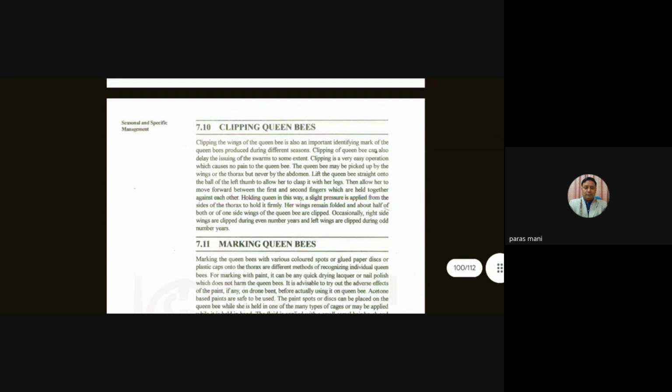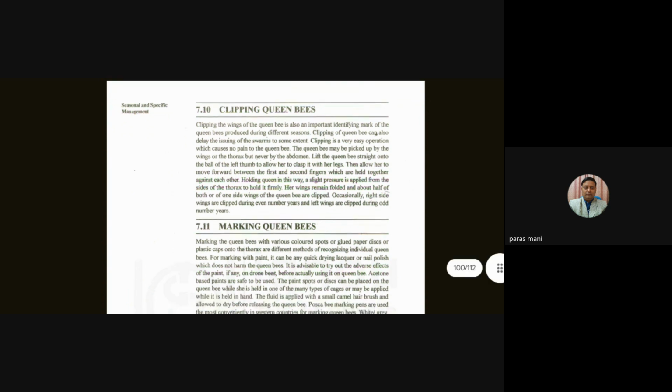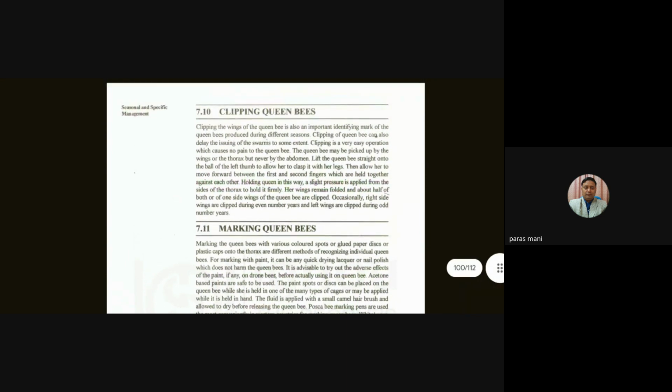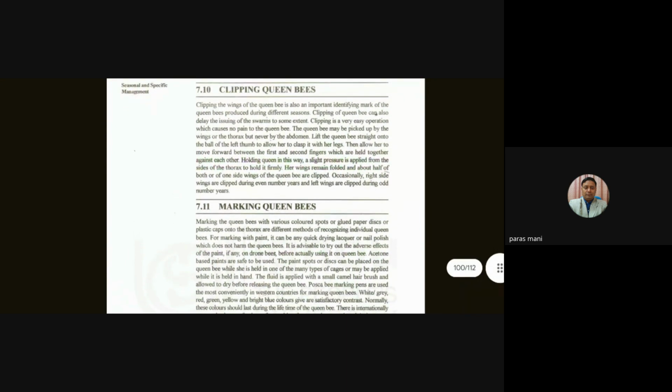They cut the wings of queen bees to half of their length, so that the queen is unable to fly and leave the colony. That is one method of avoiding swarming as well. So that is clipping of queen bees.